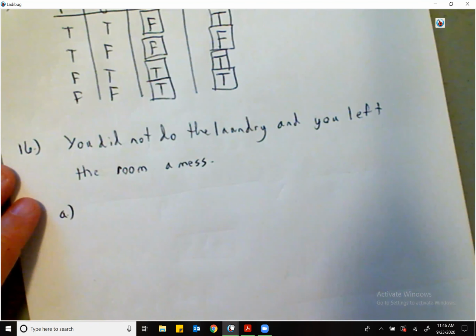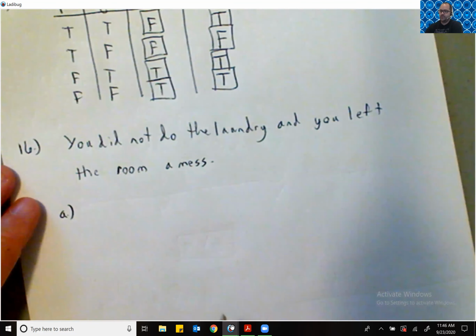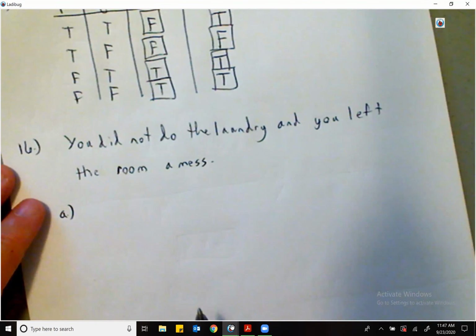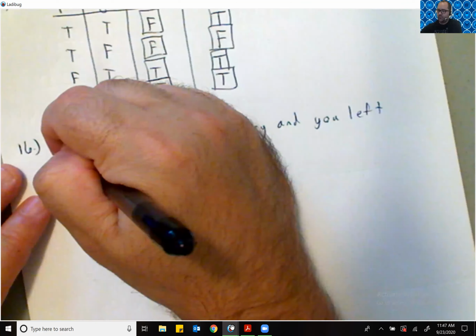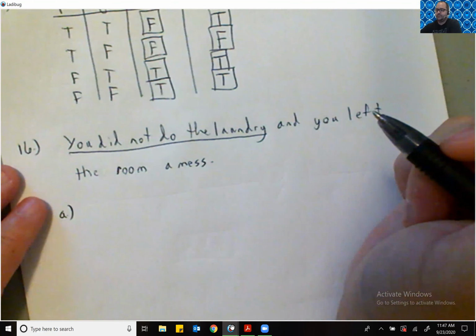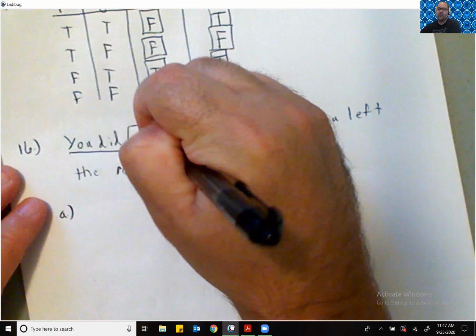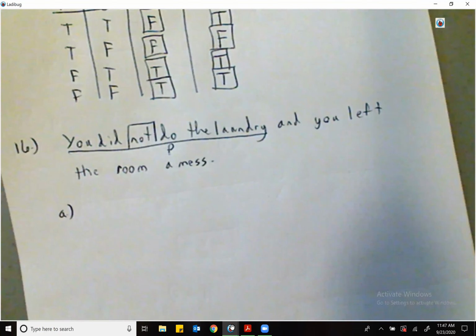You didn't do the laundry. There we go. That's the first statement. So what are we going to call that? P. That's your P. But also notice there's the word not in here. What does not represent? Negation. So this is negate P.